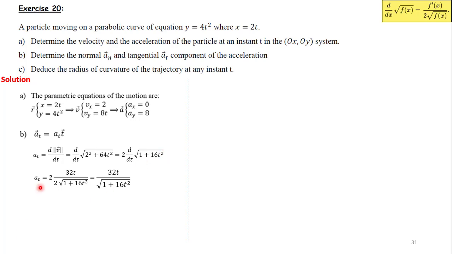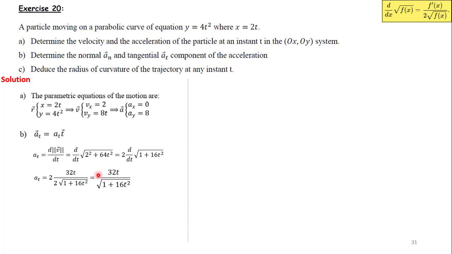Therefore, at will be equal to f prime of x. So it's 16 times 2t, and don't forget this 2 here, over 2 radical of f, and you will find at as 32t over radical of 1 plus 16t squared.